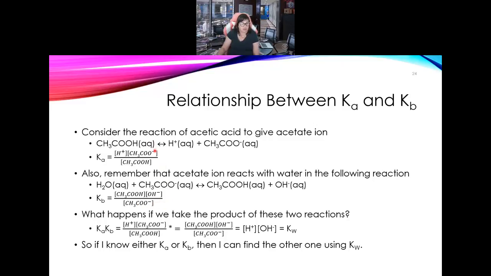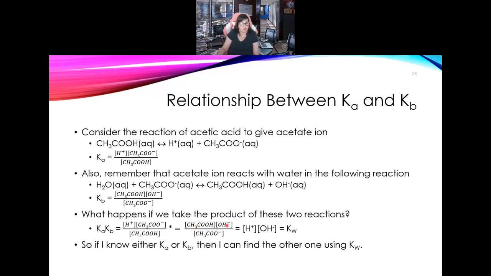So I have these two expressions. And if I multiply them together, I have H plus times CH3COO minus over CH3COOH, times CH3COOH times OH minus over CH3COO minus. So the CH3COO minus cancels. The CH3COOH cancels.